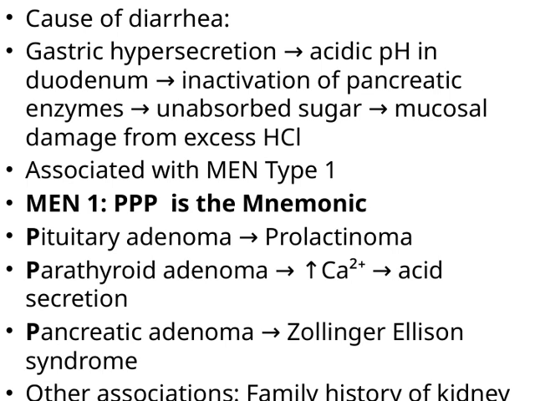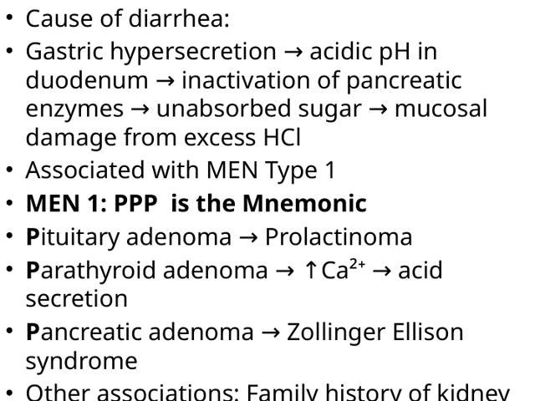Now, this process is often associated with a condition called MEN type 1, which is a genetic syndrome. To remember the key features of MEN 1, we use the mnemonic PPP: pituitary, parathyroid, and pancreas. Starting with the pituitary gland, a common tumor here is a prolactinoma, which can cause hormonal imbalances.